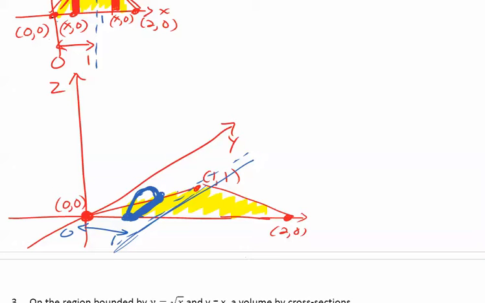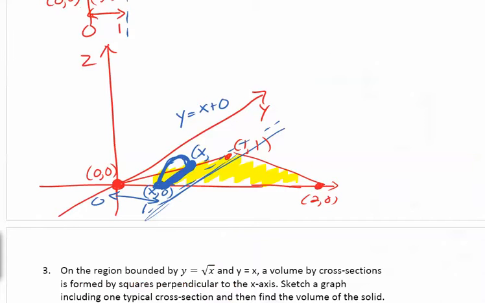So the 2 points that we're interested in here: this point is x comma 0, and this point, because this line, remember this line is y equals 1x plus 0, the 45-degree line. Because we know the equation of this line is y equals x, this point can be called x comma x.